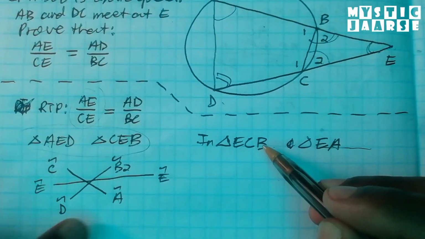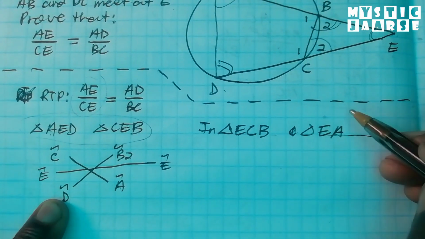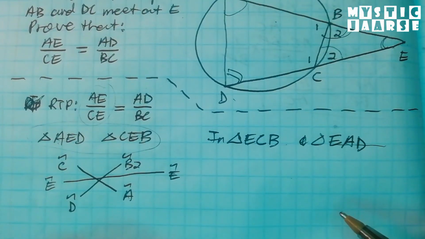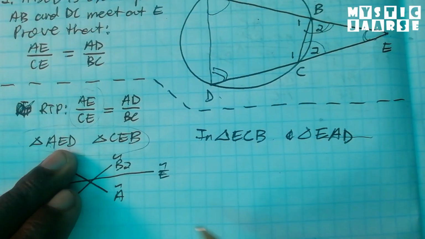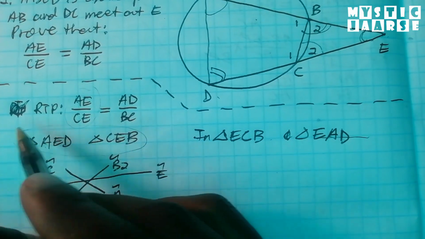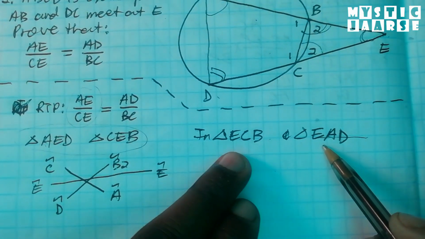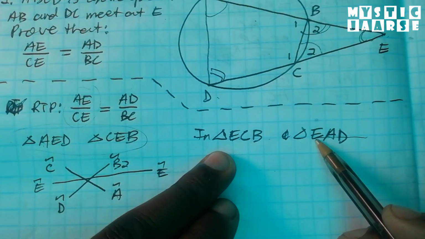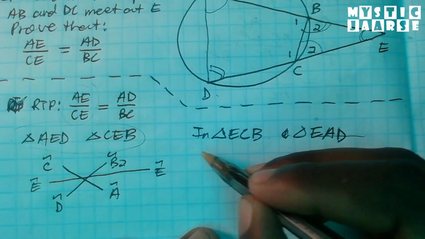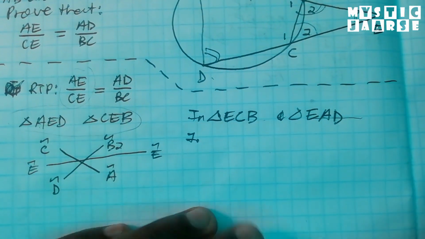ECB. B corresponds with angle D. So it must be D here. So now we have moved from the random arrangement of our angles to the way that the letters are arranged so that their angles correspond. So now we can prove that they are similar.